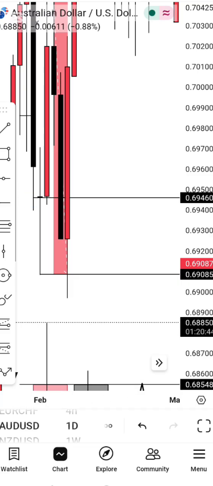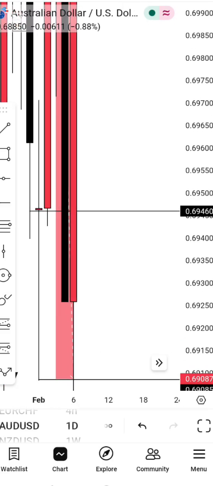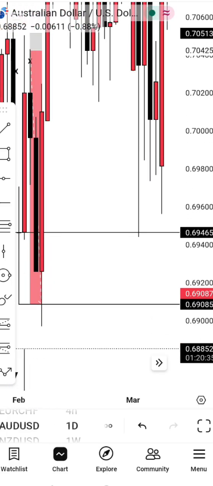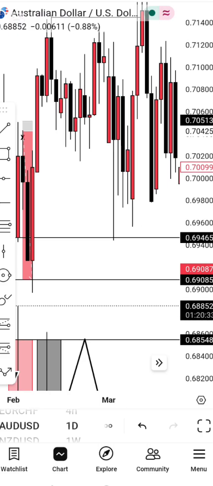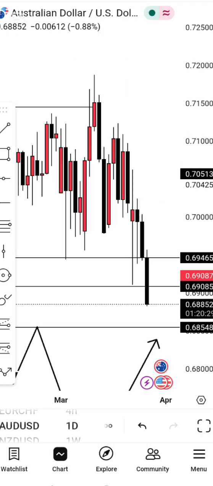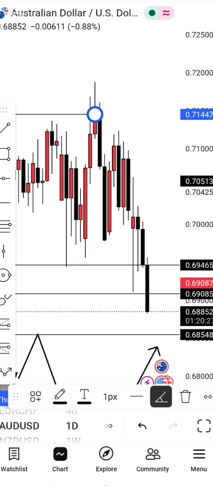Sorry, this was an open close key level right here. That was violated, so I saw that becomes a QM, right? And then it sponsored buys to the upside, giving us a break of structure.